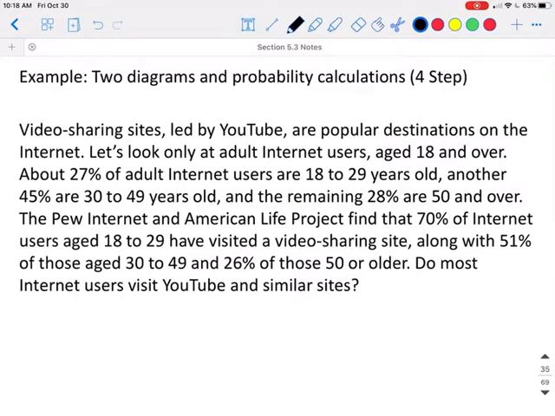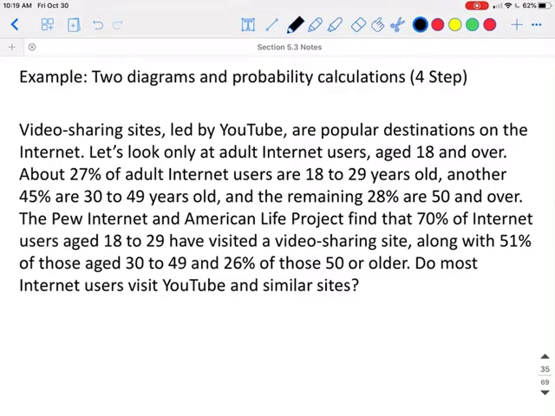Video sharing sites such as YouTube are popular destinations on the internet. Let's look only at adult internet users who are aged 18 and over. About 27% of adult internet users are 18 to 29 years old. Another 45% are 30 to 49 years old, and the remaining 28% are 50 and over.